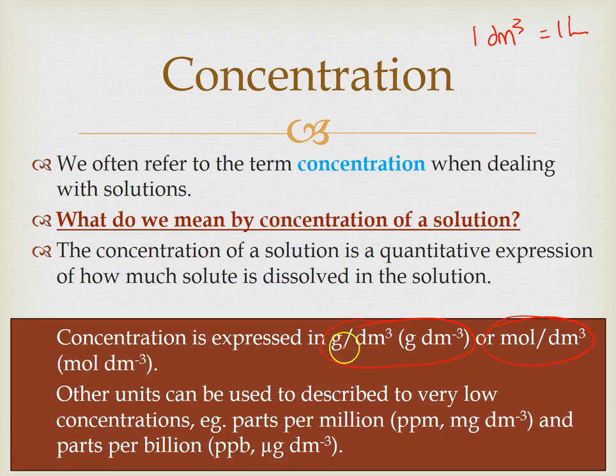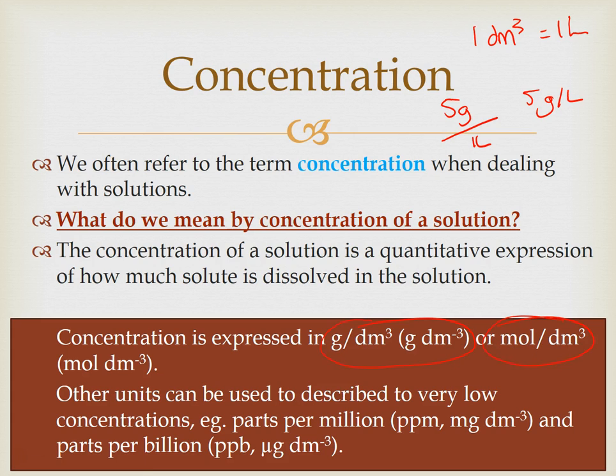When we're talking about grams per decimeter cubed, that would just be a measure of mass in grams divided by decimeters cubed. So I could have 5 grams of sugar in 1 liter, which would be a 5 grams per liter concentration. The other one that we do is moles per decimeter cubed.